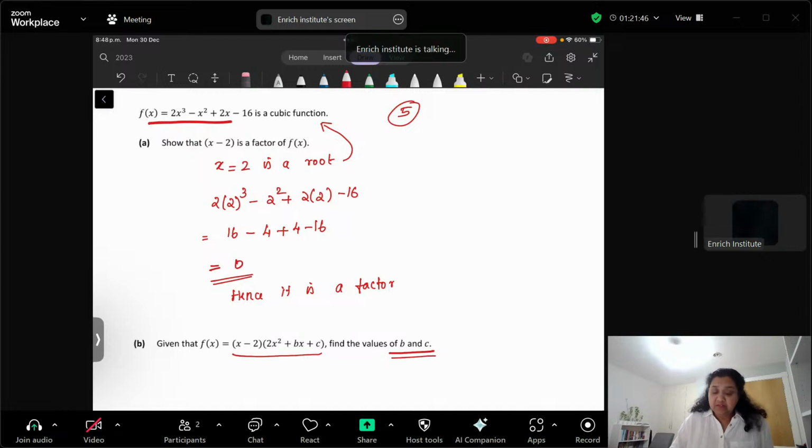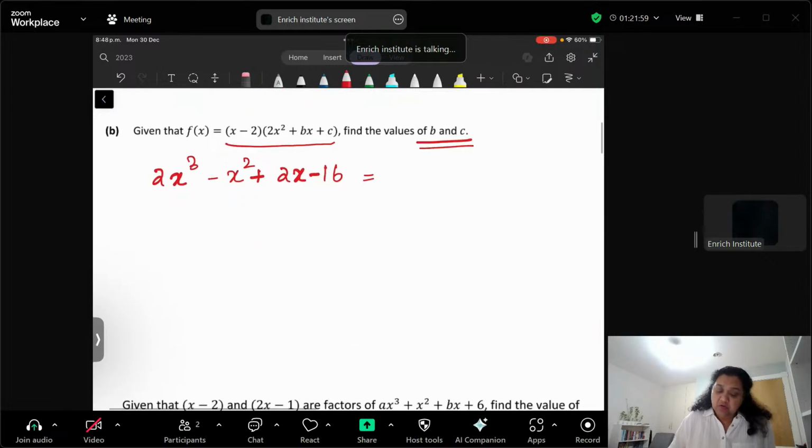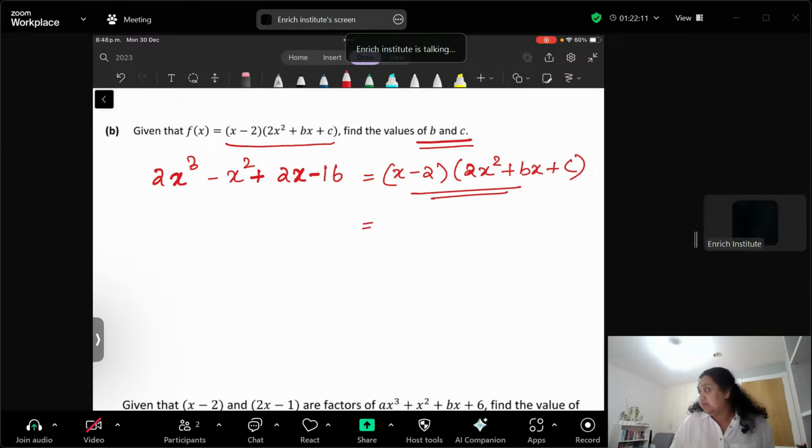Okay, let's see this. They are saying that f(x) is 2x cubed minus x squared plus 2x minus 16, and I'm just going to scroll it a bit, is equal to (x minus 2) times (2x squared plus bx plus c). Now I simplify this. I'm going to simplify the right hand side first because it has brackets.